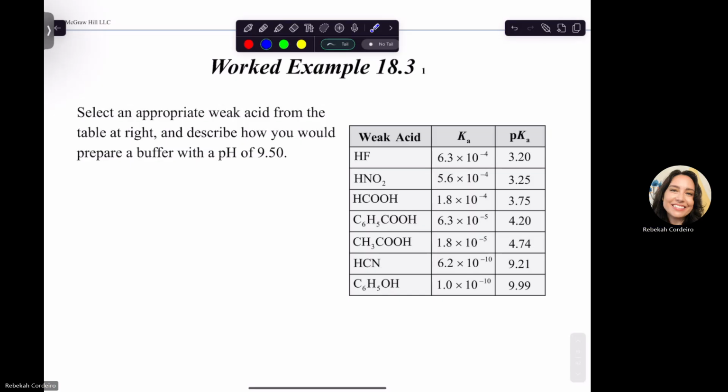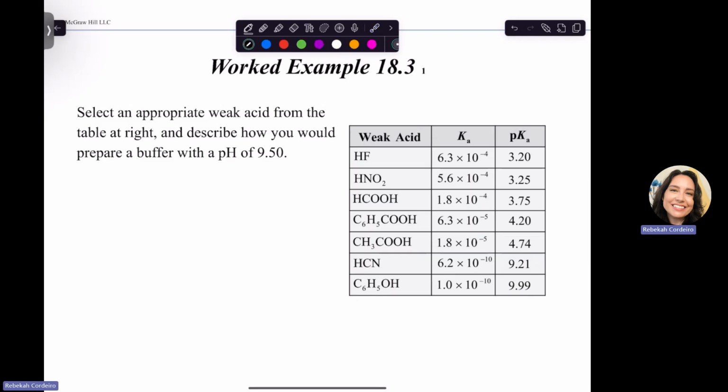So you could probably pick here pH of 9.5. Here's the pKa. Probably pick either one of these. I think HCN is closest, so I'd probably pick that one.